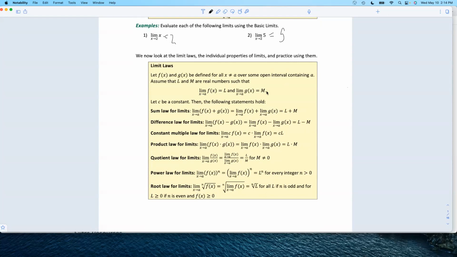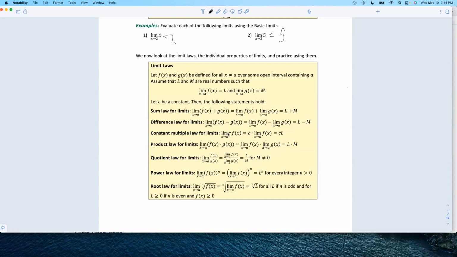We're calling that M. We already know both of those. Then this rule says if I've got f plus g and I'm taking a limit, I can distribute the limit and do it one at a time. Anything you can do with addition, you can do with subtraction. You can distribute a limit over addition or subtraction.